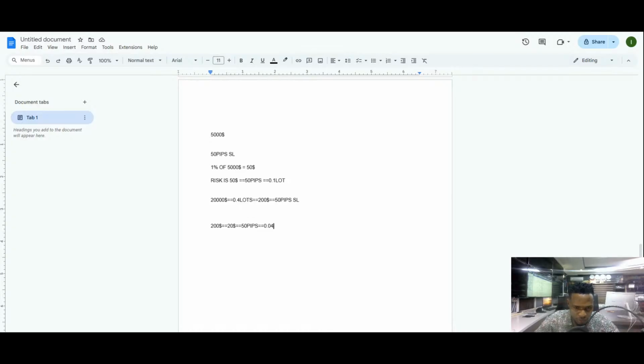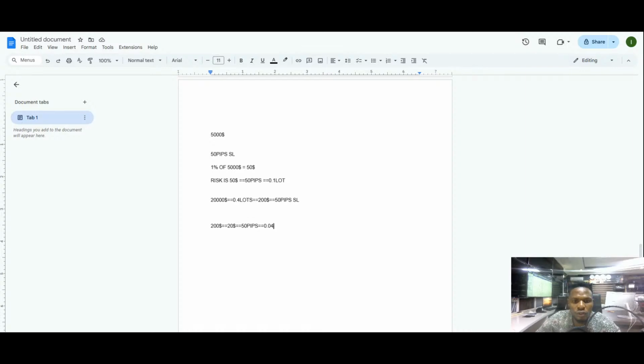Is that correct? Yeah, 50 pips should give $20. That's 0.04 or 0.4. Is it 0.4 or 0.04? No, it will be 0.04.